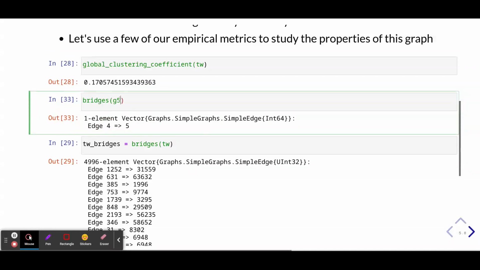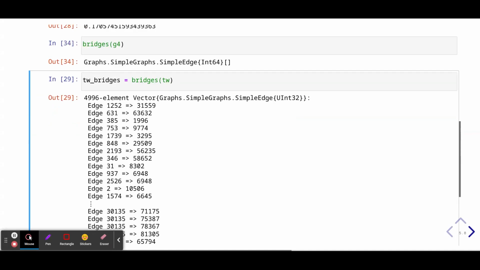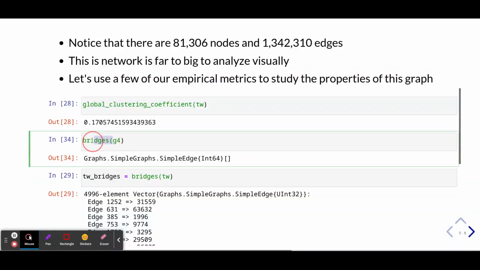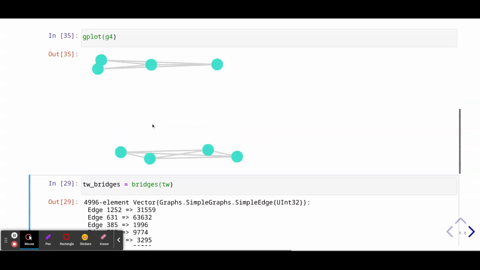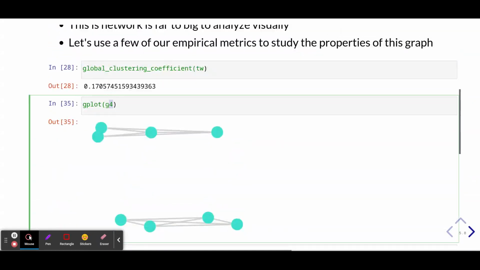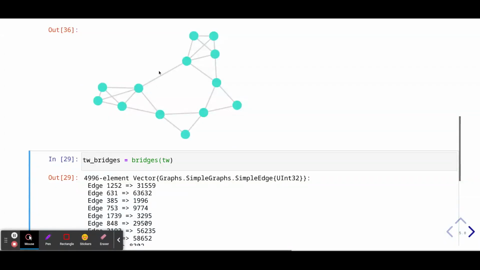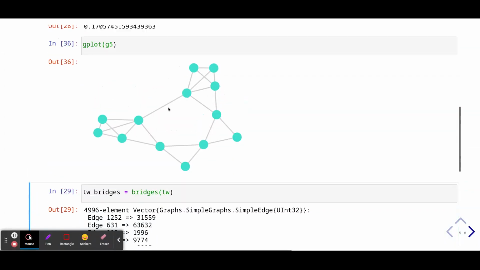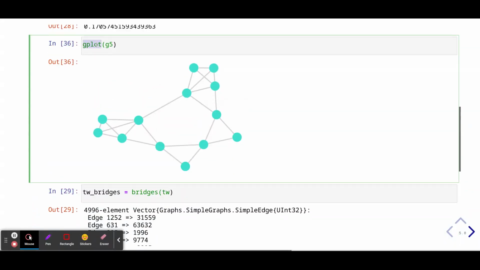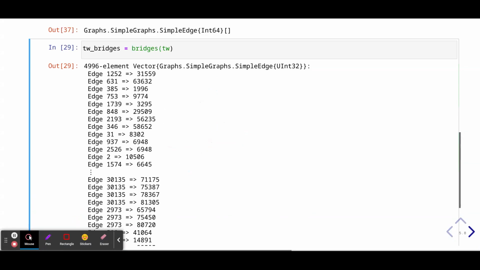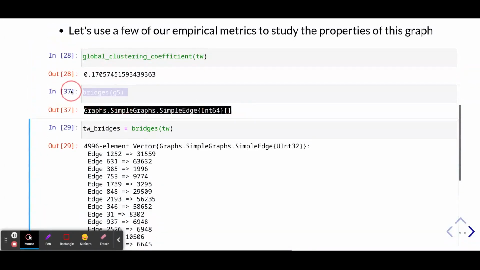Now, if we look at G4, there are no bridges. To remind ourselves what that looks like, we'll do a gplot. Here we've separated them. There are no bridges. We look at G5, where we've got our dumbbell as a subset of a larger graph. We look at the bridges of this one, and again there are no bridges.